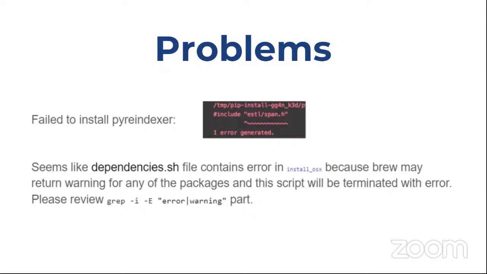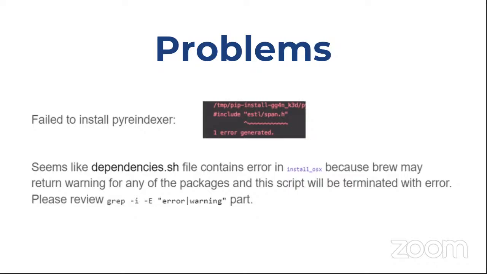We had several problems while installing Reindex on our machines. The first problem was that we wanted to use PyReindexer to use Reindex, but we didn't succeed in installing it because of this problem, maybe with the Makefile, but we didn't fix it.